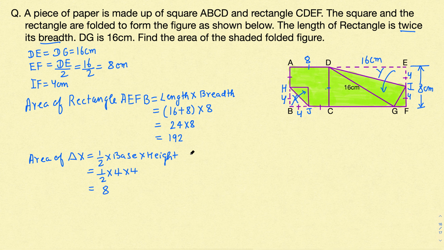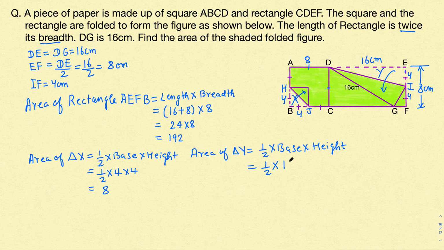Now similarly, let's find the area of triangle Y. That is also half times base times height. If we take this as the base, which is 16, this will be the height of the triangle, which is 4.